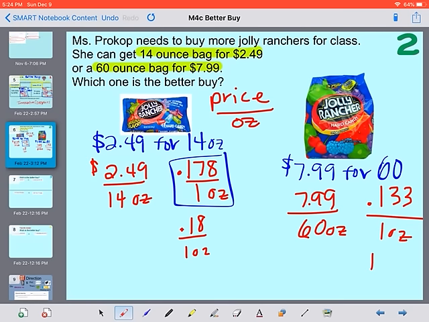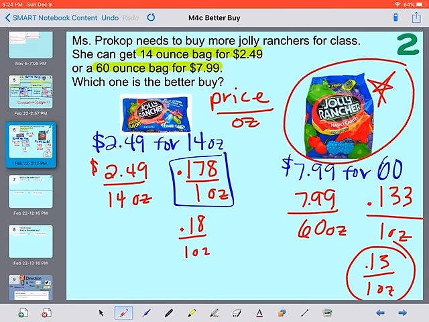Here it's about 13 cents for 1 ounce. So it would be considerably cheaper to buy the big bag. So we can put a star next to this one. The big bag is the better deal, which in most cases is. They're giving you more for your money.